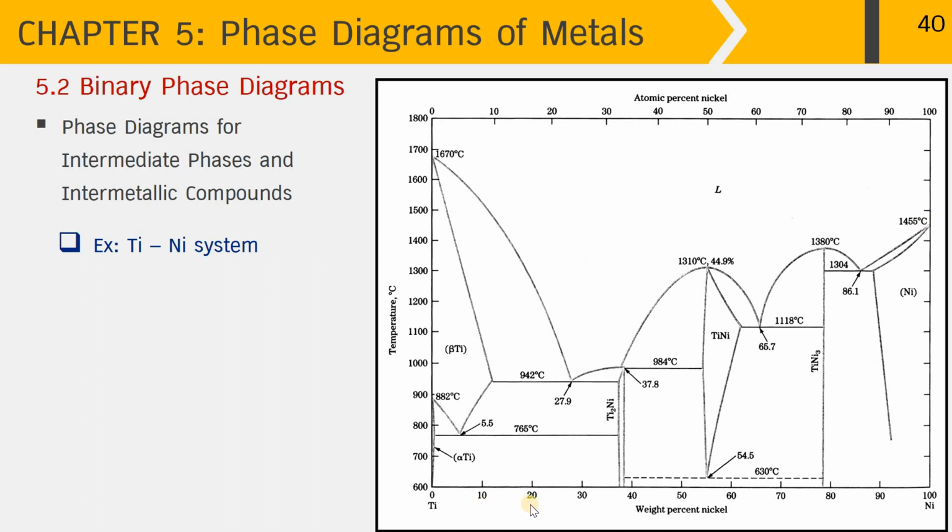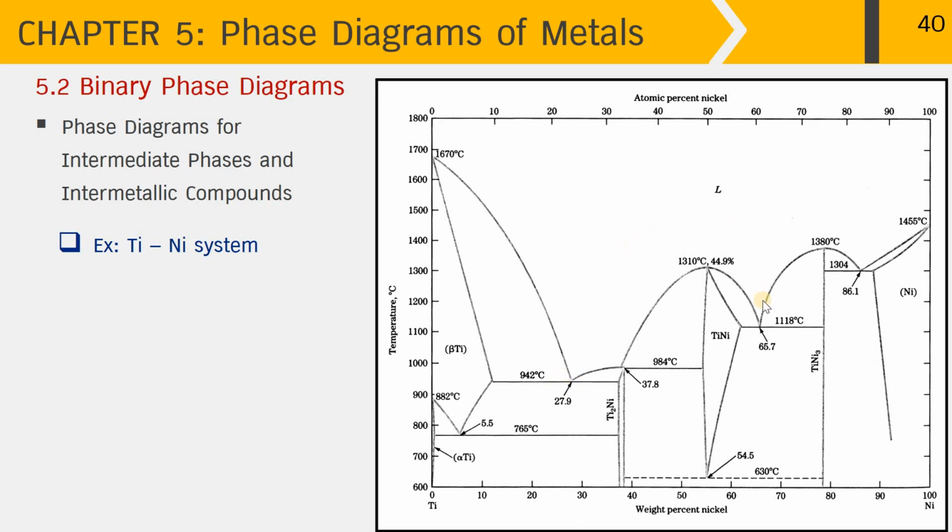And when we look at this phase diagram, we can see that many phase transformation reactions take place as we add more nickel. If we start from the liquid area up here, we still have the liquidus line over here. And you may recognize the eutectic reaction taking place at 942 Celsius at the composition of 27.9% nickel.